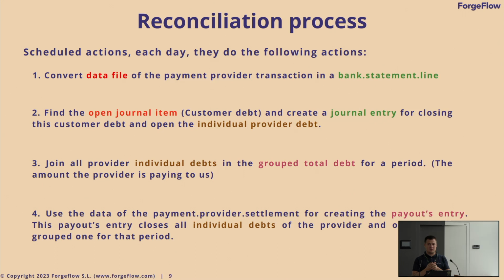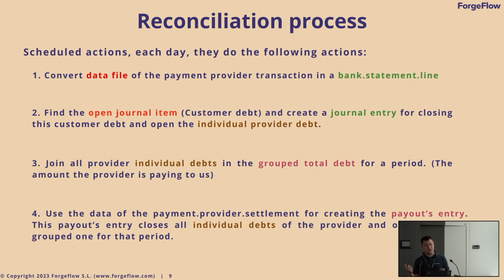And now we need to start using this information to do the reconciliation. What we do is, for each transaction, we create a bank statement line. But we could say that it's a fake bank statement line because the account of this bank statement line is not a bank account, it's another reconcilable account. So when you reconcile this bank statement line, you close the customer debt, and you open the payment provider debt for that transaction.